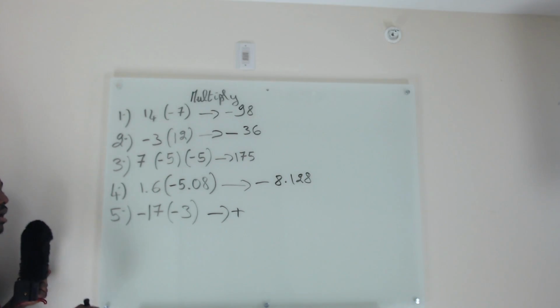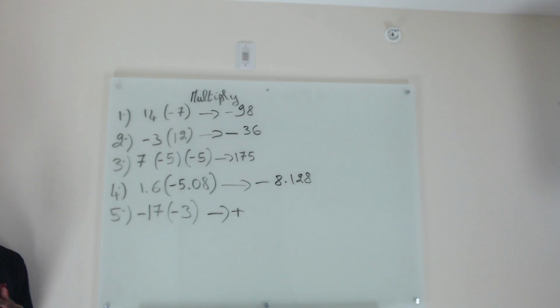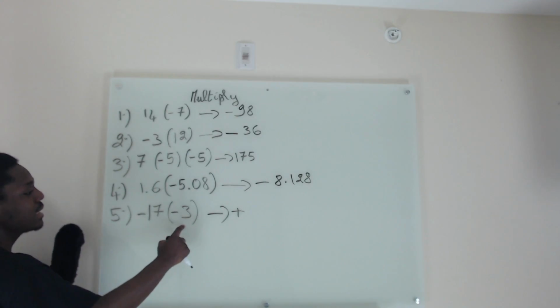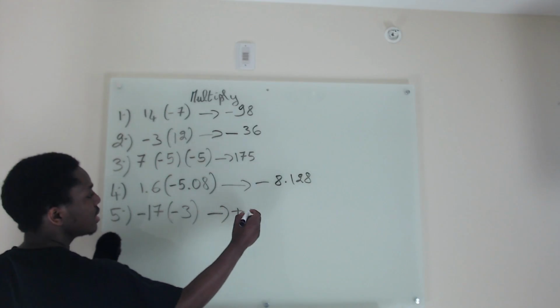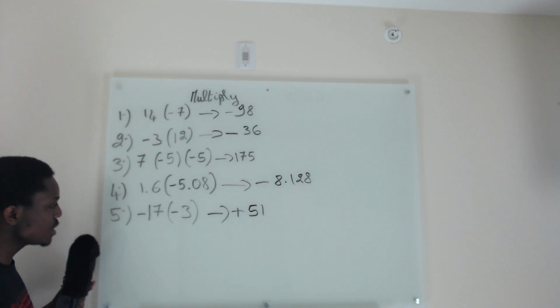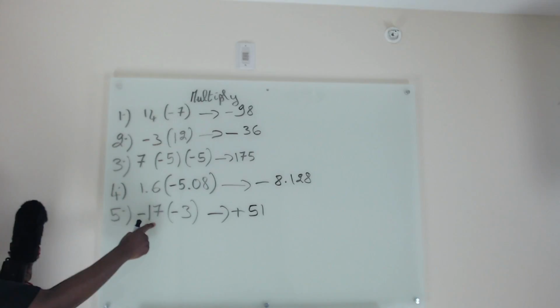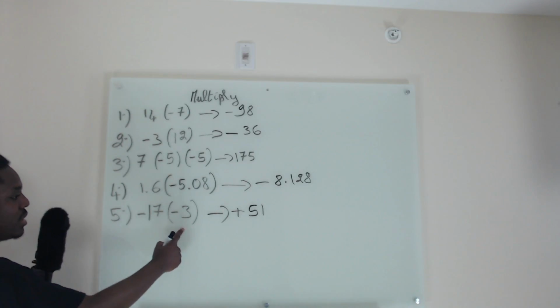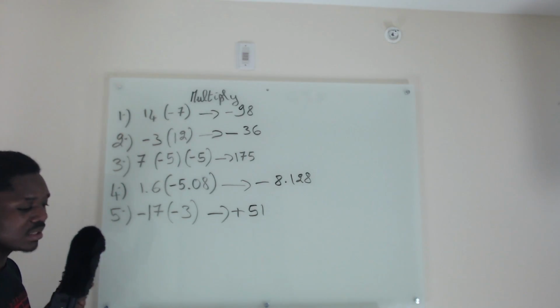Now, after multiplying the signs, we have to multiply the numbers. So 17 times 3 equals what? 51. So the final answer of negative 17 times negative 3 is equal to 51.